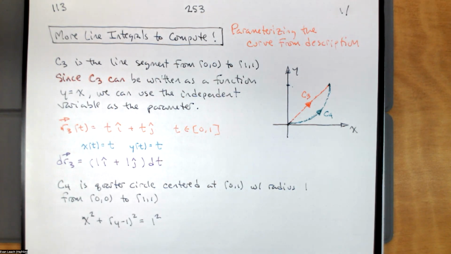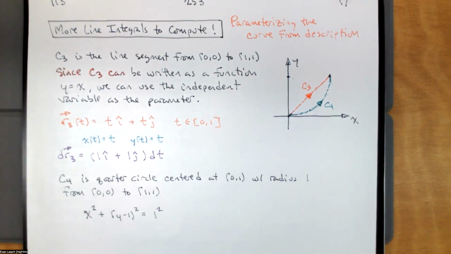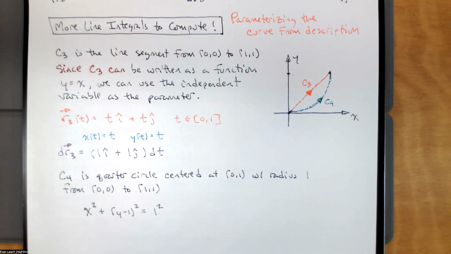We have a center at 0, 1, and a radius of 1. Since we have just a quarter of the circle, we can write y as a function of x or x as a function of y.